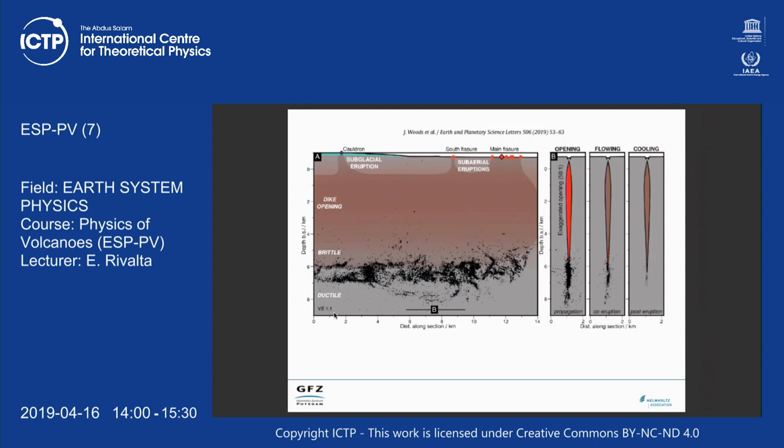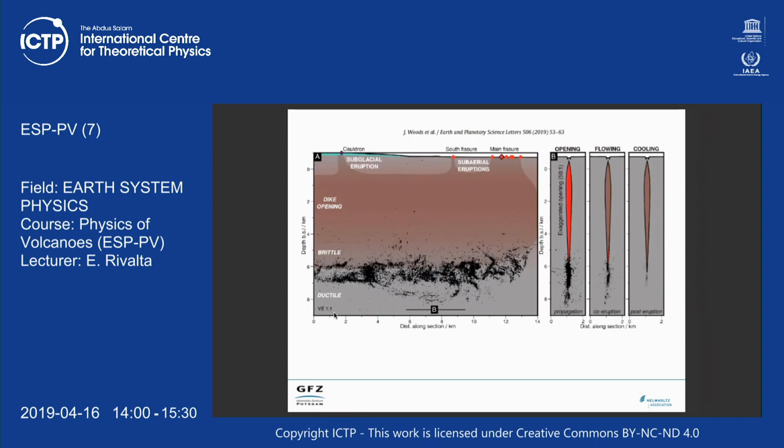The dike was all above, as we saw, and the seismicity was all below. Very few earthquakes here, most of them were here. They say it is the brittle-ductile transition in Iceland. So why would you have a lot of earthquakes occurring at the brittle-ductile transition when you have a dike?